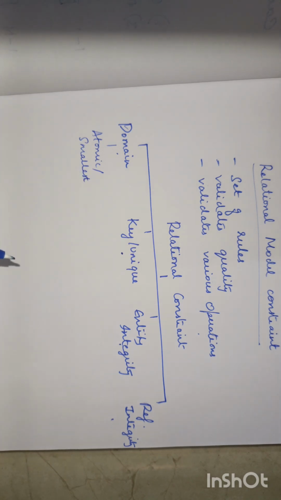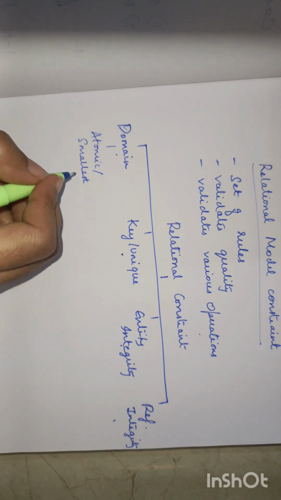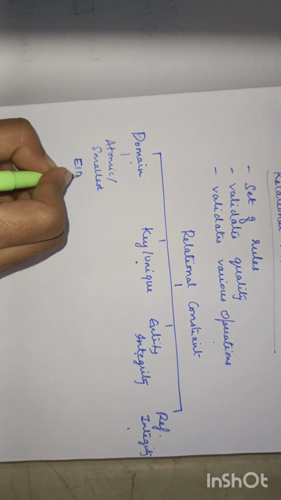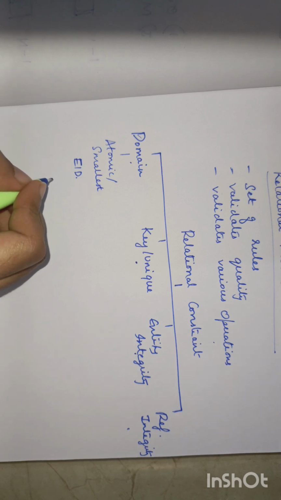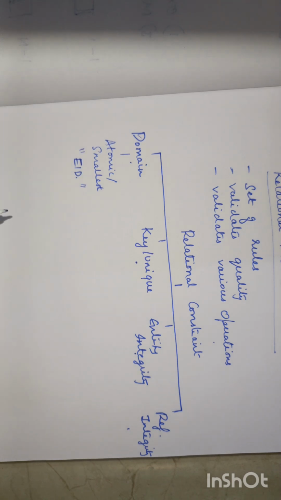For example, we check in a database that it should contain any smallest entity. Let's say we define the employee ID as an integer. So this can take up only integer values. So it should contain some small indivisible units. That is a domain constraint.